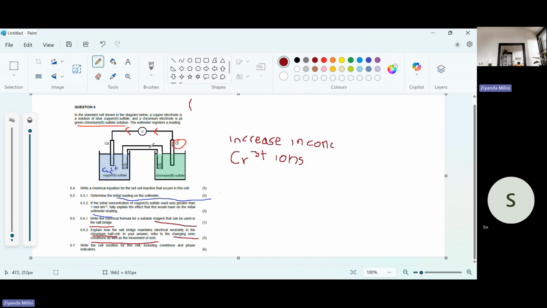Now, anions from the salt bridge will migrate into the solution. Please write that one: anions migrate into the solution, from the salt bridge to the solution or to the electrolyte.